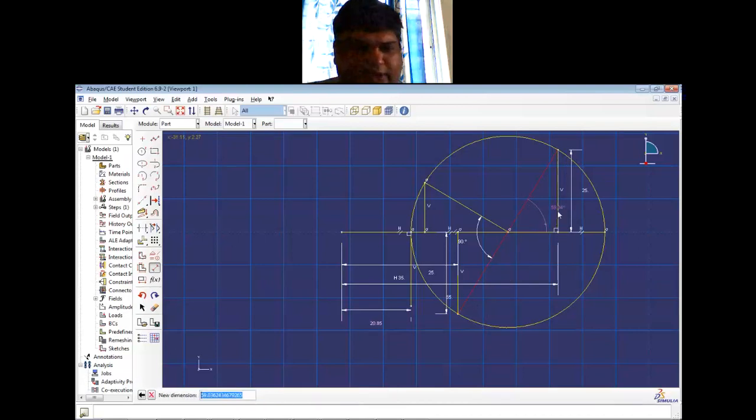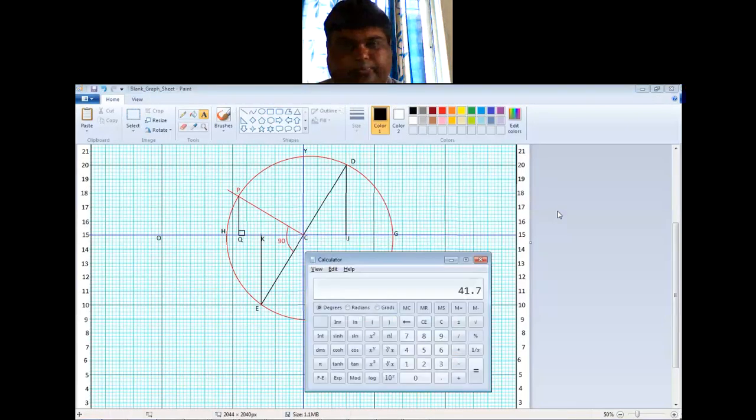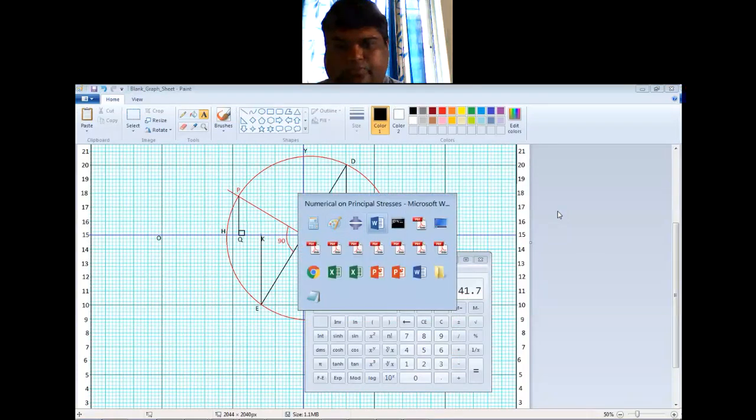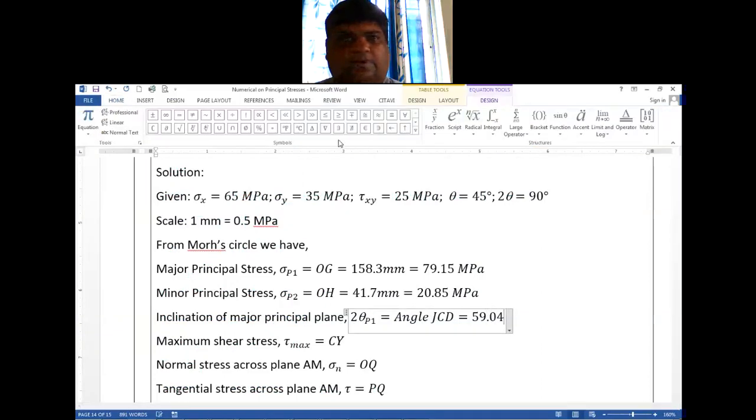This angle is 59.04 degree, or this is 2 theta p.